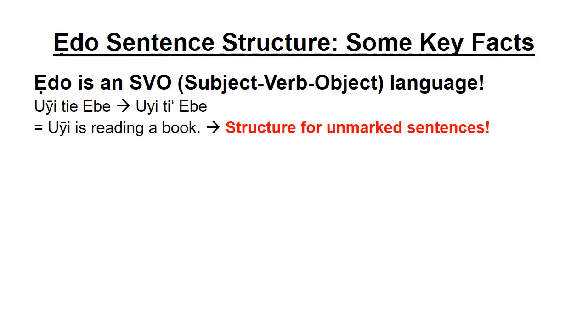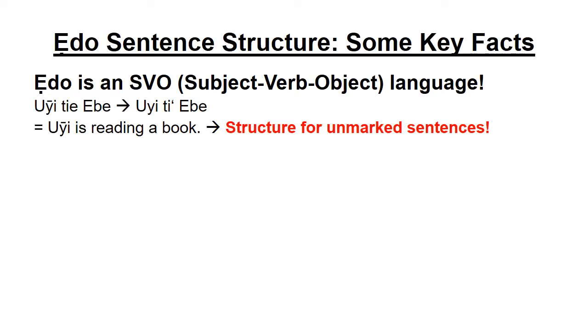For instance, when we look at the sentence Uyi tie ebe, so Uyi is reading a book. You have Uyi, which is the subject, tie is the verb, ebe is what he is reading. So we have this structure, subject, verb, object. And this is the structure for unmarked sentences, so regular sentences.